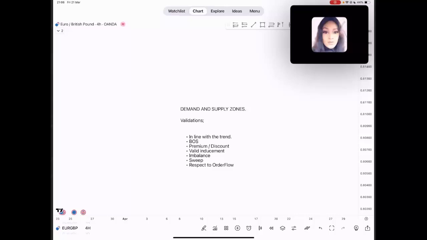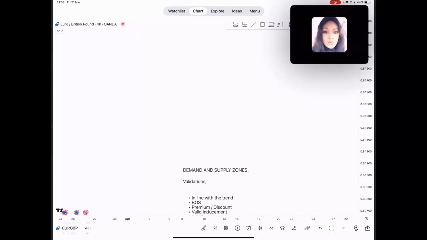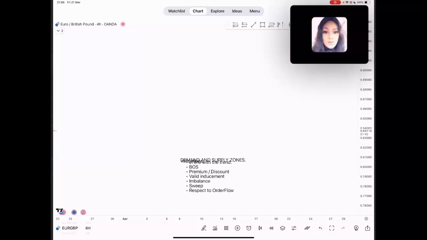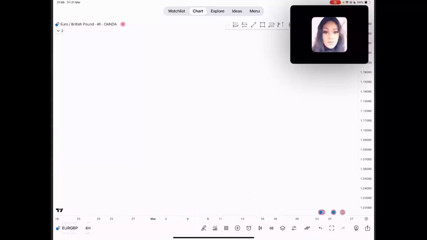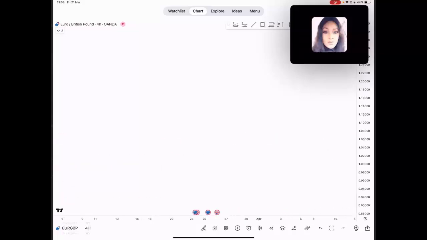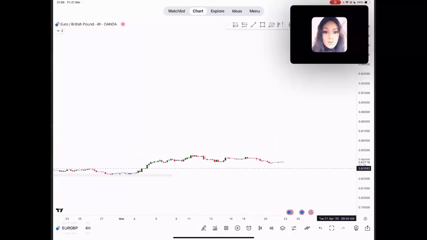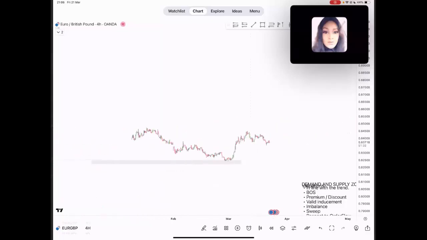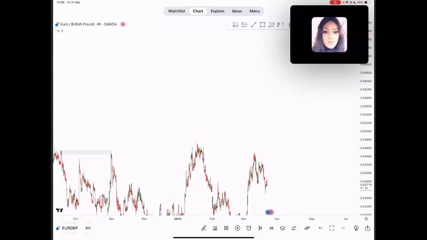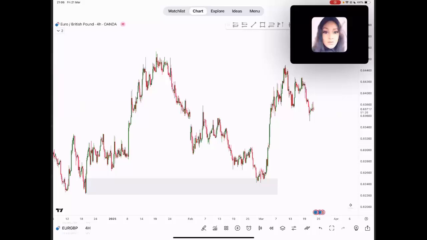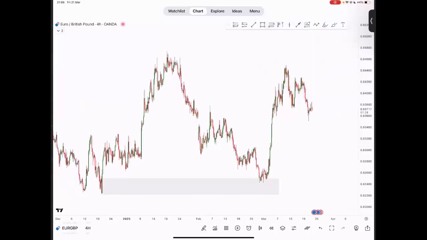I also emphasized that it must break structure. If you look at what happened on this EURGBP, this same pair, days ago, this is the demand zone that price is currently buying from.